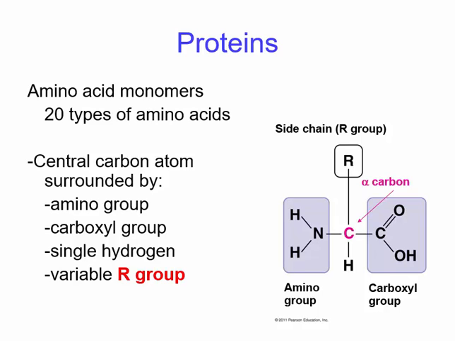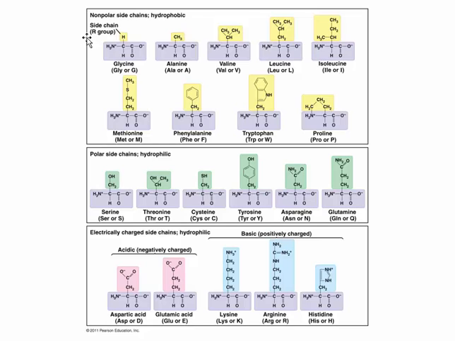All right, so what do we see with those variable R groups? Here's the baseline amino acid highlighted in purple for all of these. And the differences here are at the top. This is that variable R group, and we can categorize amino acids based on their properties.